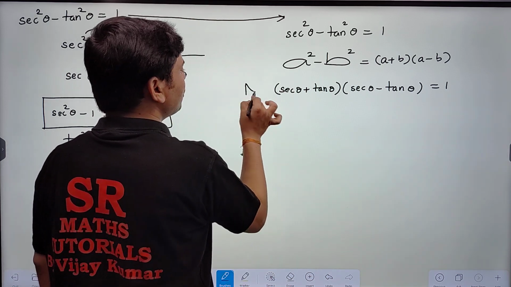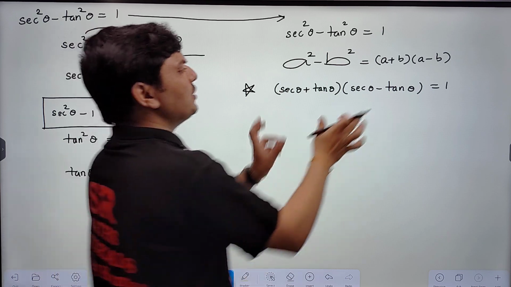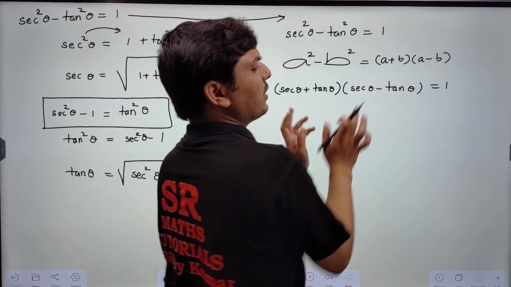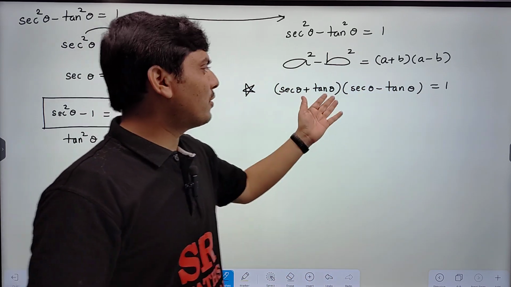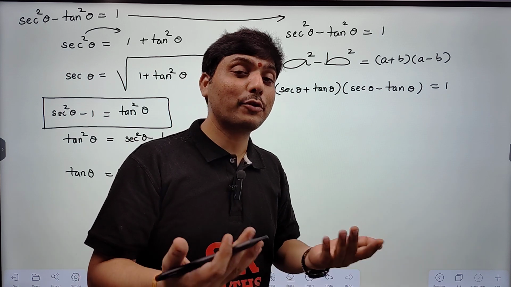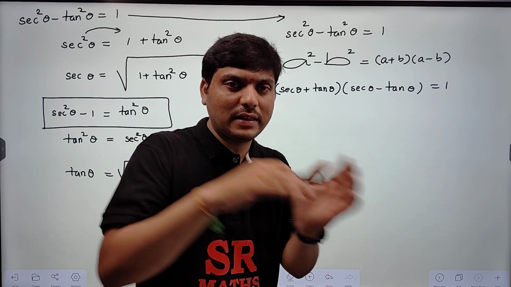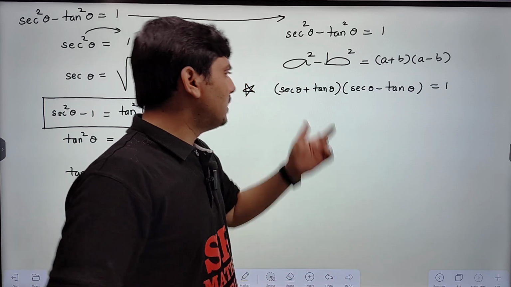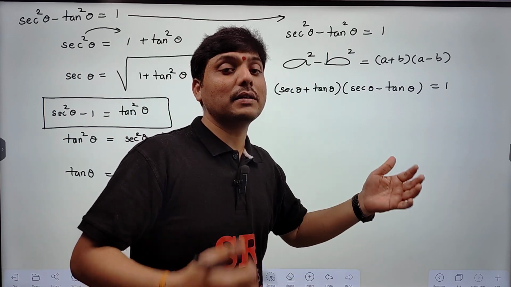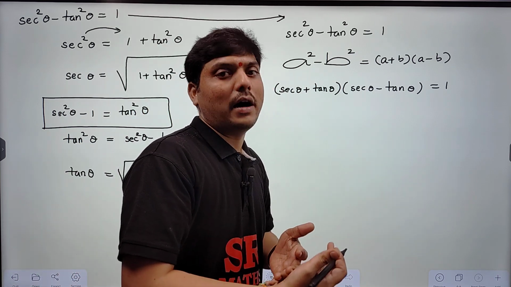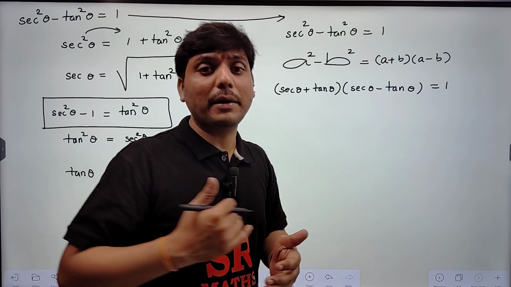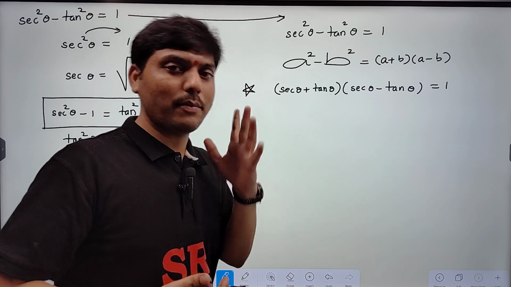So this is a very important formula. You can write these two terms left to right or right to left, it cannot change, because the product of two terms satisfies the commutative property. Okay, 4 into 3 is 12, 3 into 4 is 12. So secant theta plus tan theta multiplied by secant theta minus tan theta, or secant theta minus tan theta multiplied by secant theta plus tan theta, is the same answer.